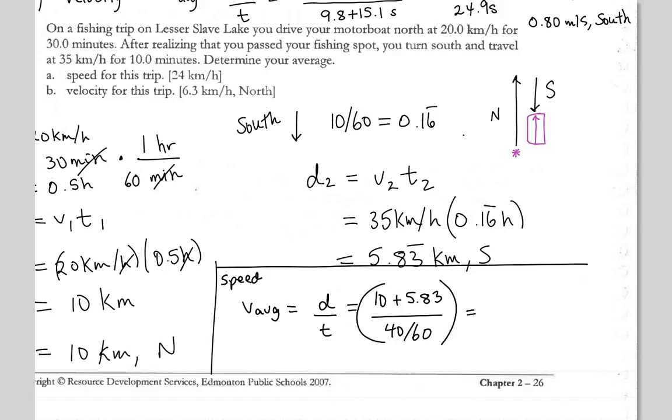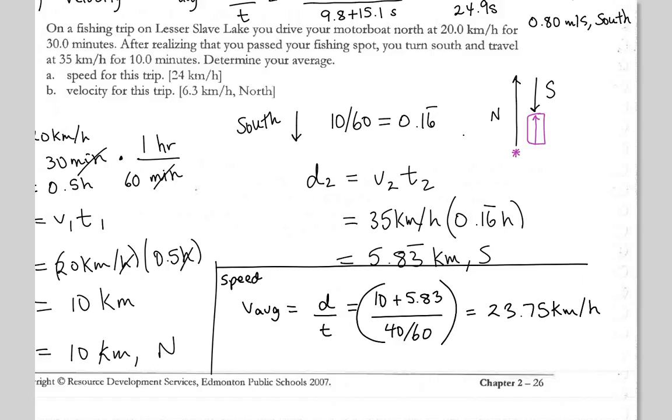So this will work out to 10 plus 5.83 divided by 4/6, which is 23.75 kilometers per hour. Why do I have 40 out of 60 in the denominator for time? What's the total time? First trip was 30 minutes, second trip was 10 minutes. 30 plus 10, 40 minutes, but out of 60 because we need it to be in hours.